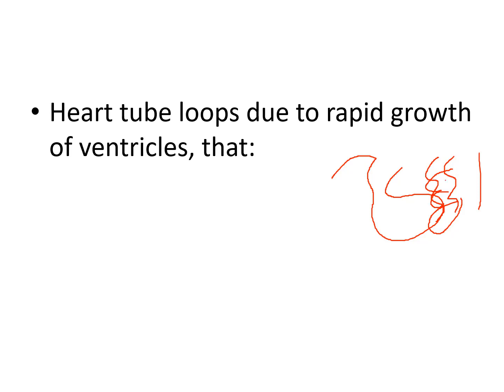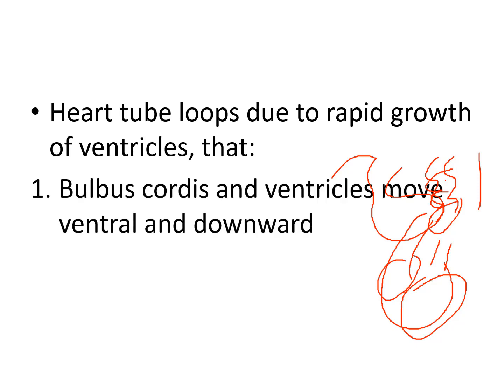So with more development, this venous end will loop up, and when it loops up, it will bring the atria here, and the ventricle will be at this side. And the outgoing arteries will be at this side. So let us look at this loop.